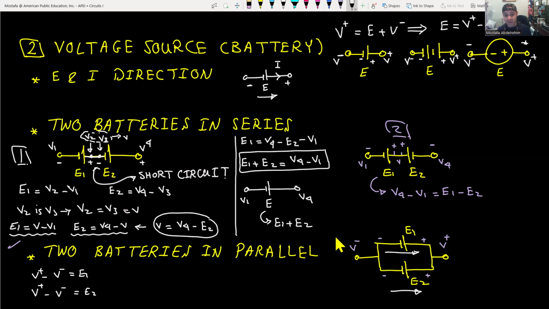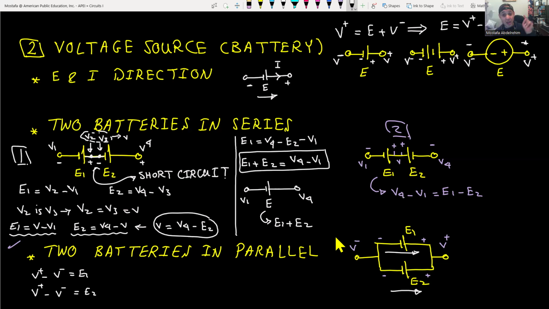So if E1 doesn't equal E2, that's a contradiction. You will not find that in the problems that you're going to solve. This is basically an incorrect assumption. It violates our way of ideal analysis, basically. So you will not find that.